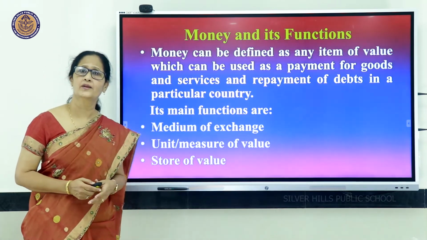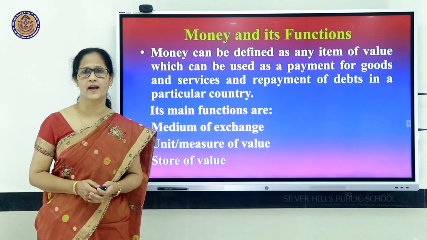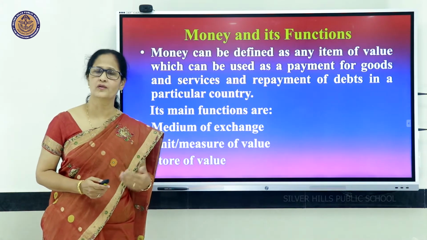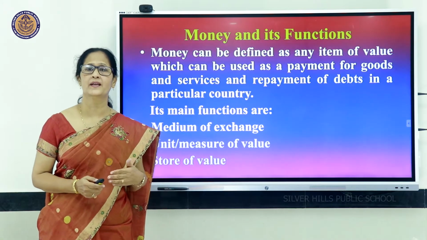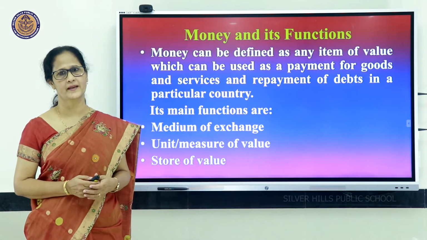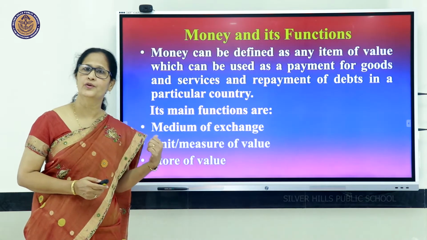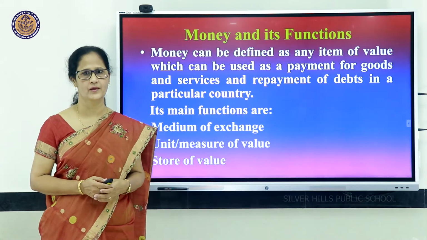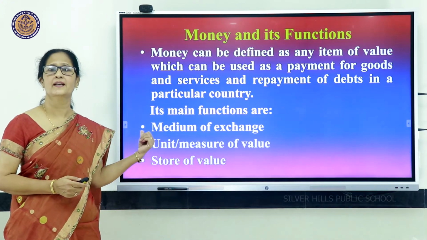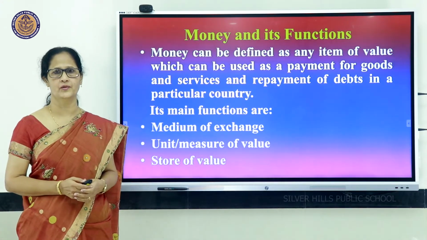Second, it is a unit or measure of value. What does that mean? All goods and services can be priced or valued in terms of money. That is why it is a unit or measure of value. And the third important function of money is that it is a store of value.